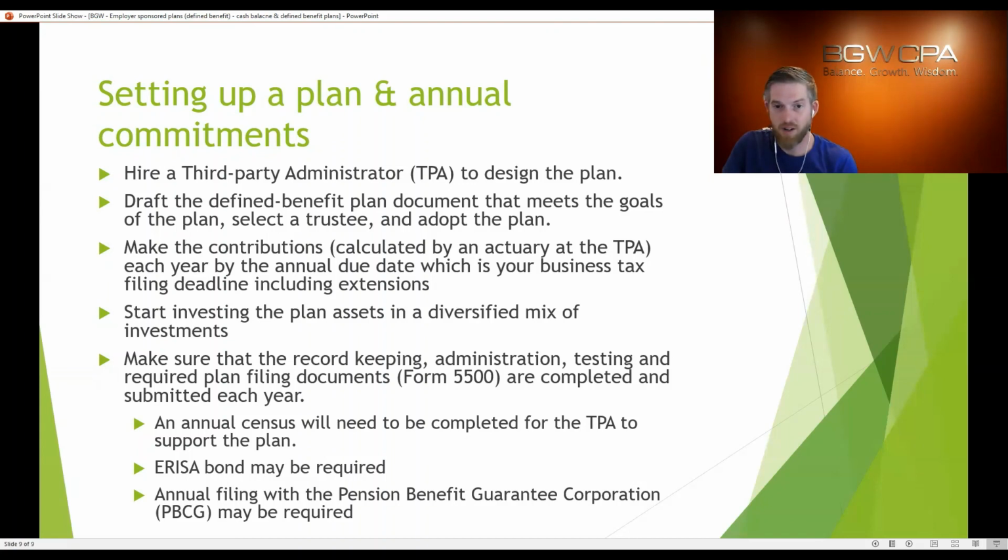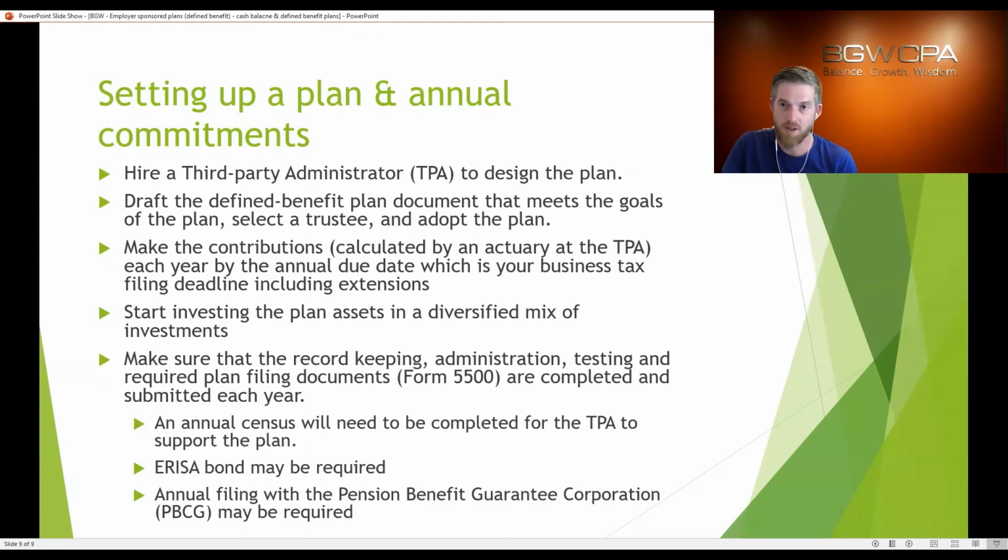Then make sure that the record keeping, administration, testing requirements, and plan documents are all completed and submitted annually. The cash balance plan and the defined benefit plan also require a Form 5500, similar to a 401k. Some added things to think about that I've experienced in working with clients with a cash balance plan or defined benefit plan: an annual census will need to be completed for the TPA to support the plan.